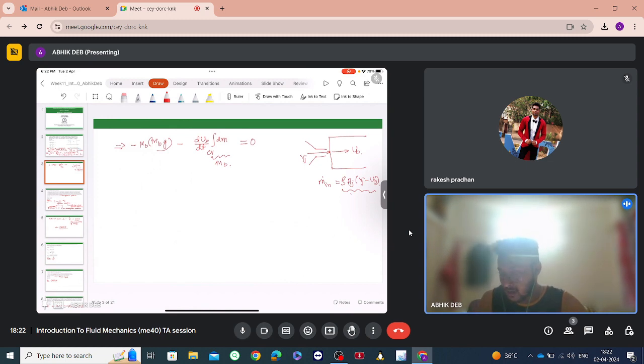And then we have to write, what is the velocity of the jet relative to the control volume. So this is the mass entering into the control volume, and ur will give us the velocity relative to the control volume.